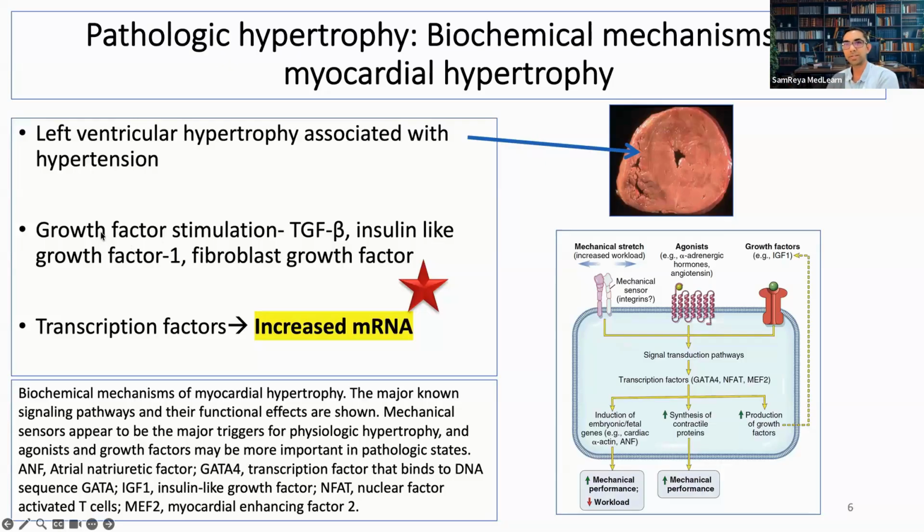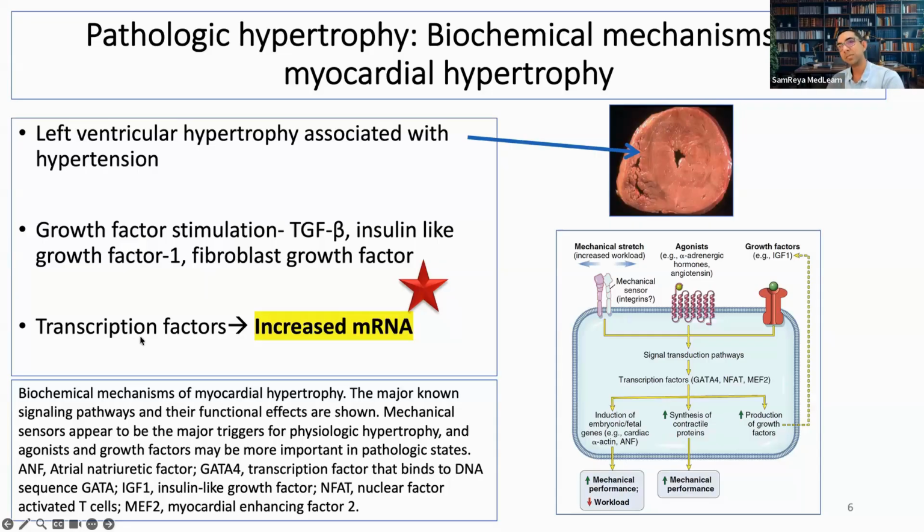So how does this happen? Let's get a little bit into mechanism now. This is related to growth factor stimulation. For example, TGF beta would have increased, insulin-like growth factors, IGFs, would have increased, FGFs would have increased. I'll talk about more in this image here. All of this stimulation to each cardiac muscle cell would have led to activation of certain pathways.